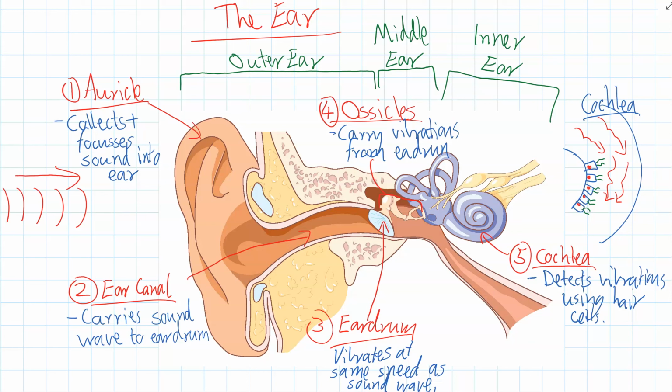And then, like I said, those hair cells, they tell the message to the nerves, and you can see the nerves here. And in particular, they're called the auditory nerves, because auditory means to do with sound. Then the auditory nerves, they carry the message to the brain.